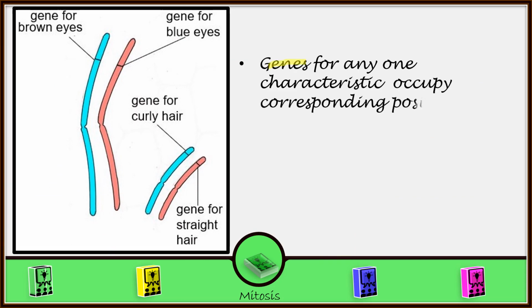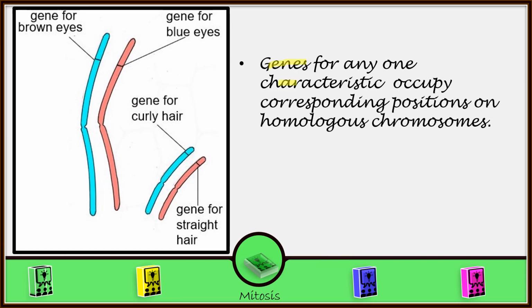The genes for any one characteristic occupy a corresponding position on the homologous chromosome. Previously we talked about homologous chromosomes. Homologous chromosomes are chromosomes that come and align themselves together and move together, therefore we refer to them as homologous chromosomes.